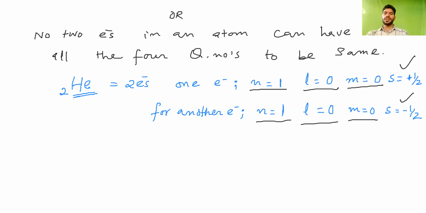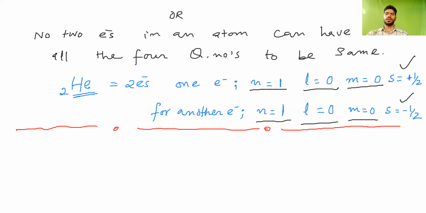Then we have to move towards another topic, that is the shapes of orbitals. But before that, now you should be able to tell how many subshells will be there in a particular shell, how many orbitals will be there. I will give the formulas with the help of which you can tell the number of electrons and the number of subshells. For the number of subshells in any shell, it is just given by n, the principal quantum number, right?